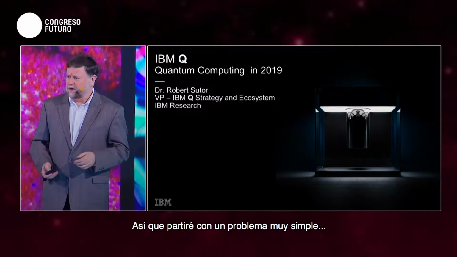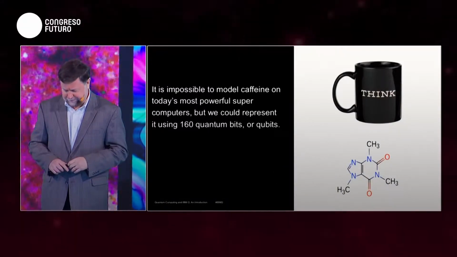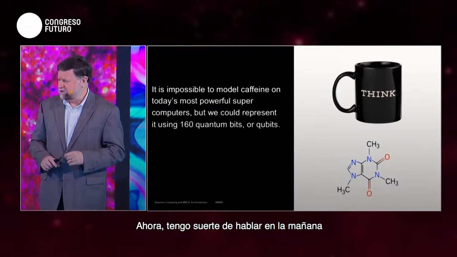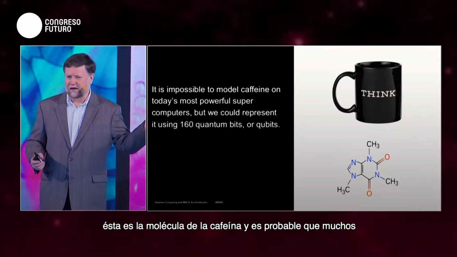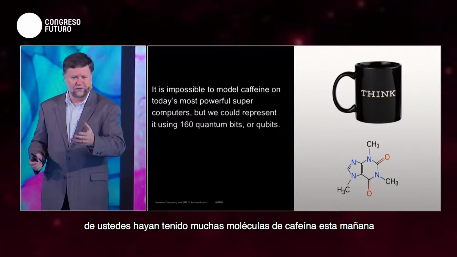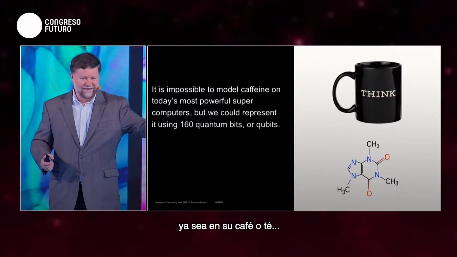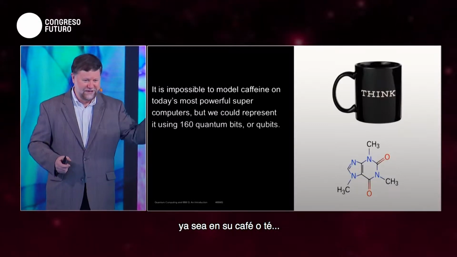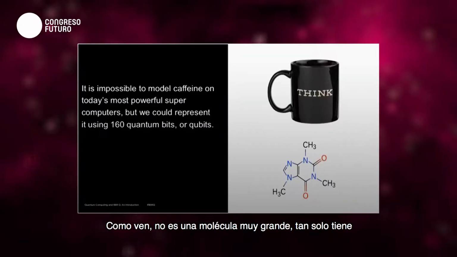So I'm going to start with really a very simple problem here. Now, I'm lucky to speak in the morning. This is the caffeine molecule. There's a good chance many of you have had many caffeine molecules this morning in your coffee or in your tea. It's not a very large molecule, as you see.